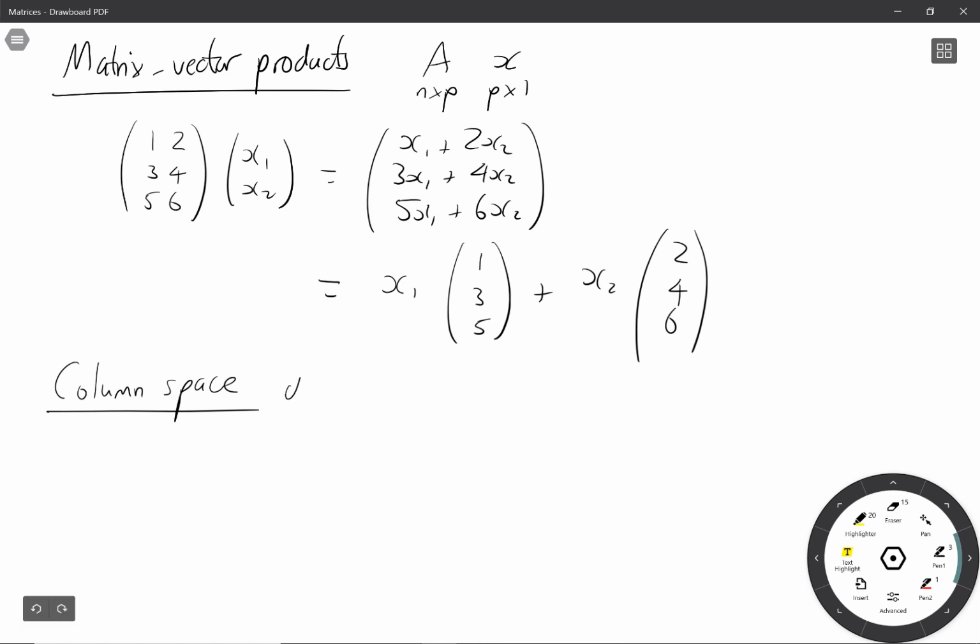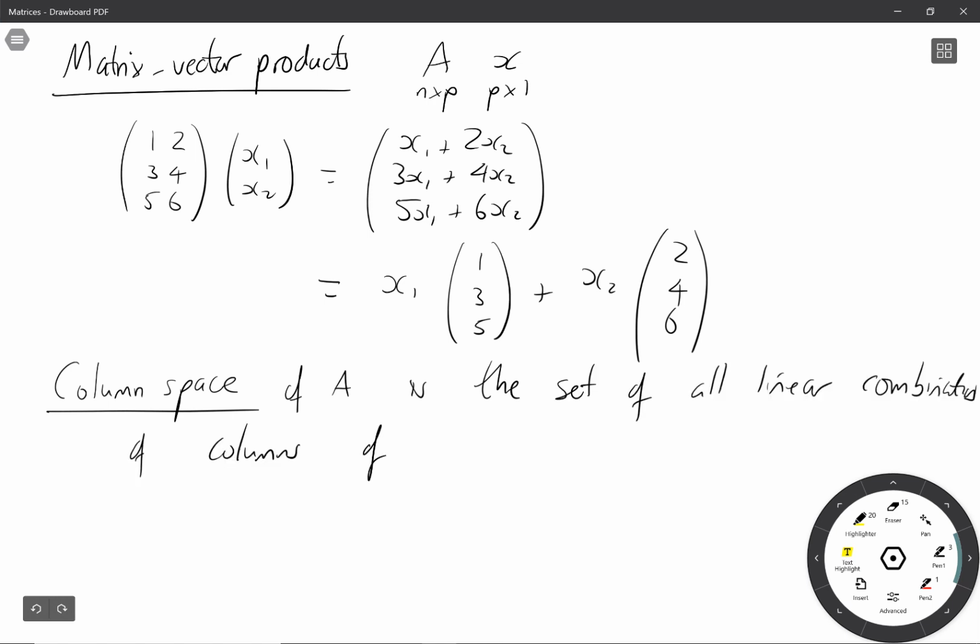So the column space of A is the set of all linear combinations of columns of A. Okay, and we write this often as C of A, the column space of A, are all those vectors A times X, where X is any possible input vector, so a vector in Rp.